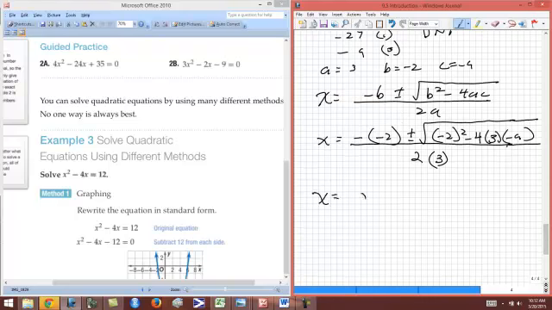X equals 2 plus or minus the square root of 4 plus, okay, we got 36 times 3, which is what, 108, or 9 times 12, yeah, 108, all over 6.